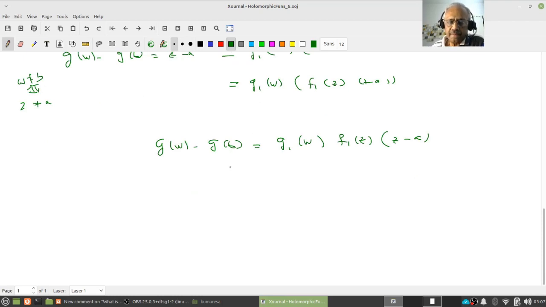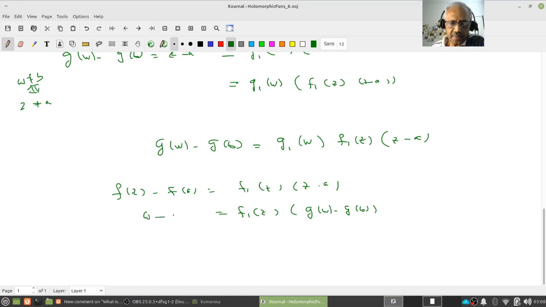Yeah, right. So what are you arriving at? Okay, so let's look at f of z minus f of a equal to f1 of z into z minus a, but that is f1 of z into z minus a is g of w minus g of b, right, and this is w minus a, w minus b.